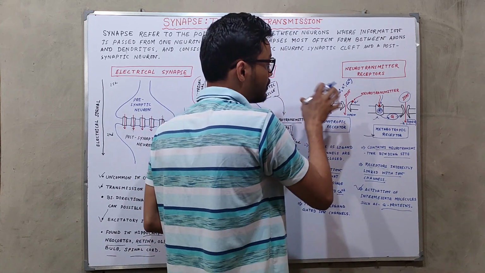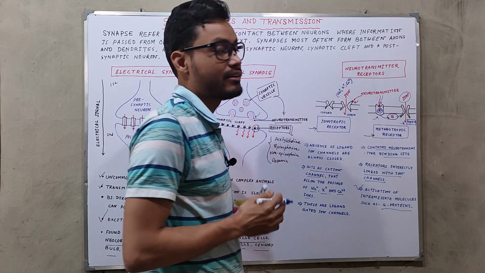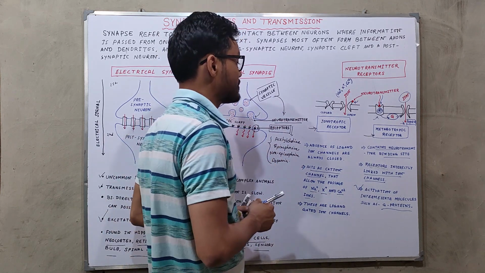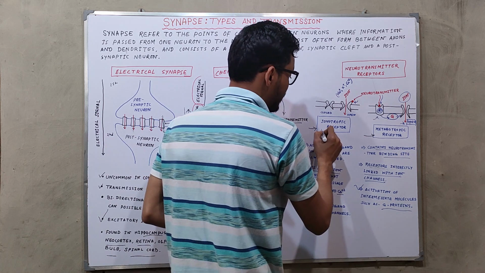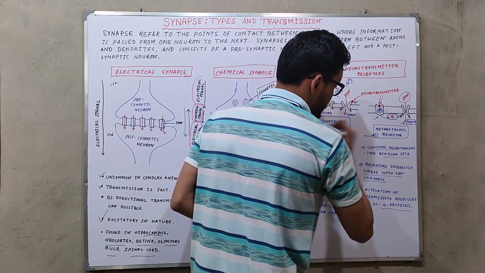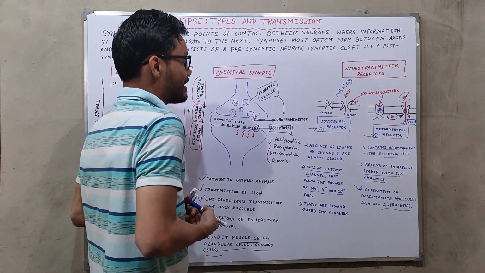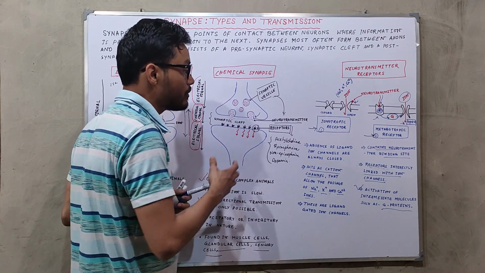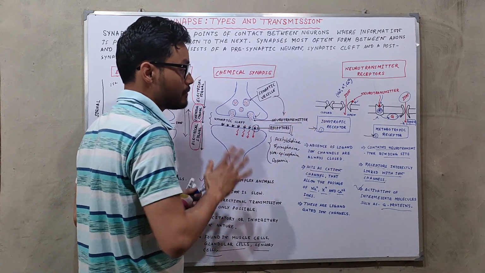So two kinds of receptors are present in the case of chemical synapses: the ionotropic receptor and the metabotropic receptor. In all chemical synapses, the postsynaptic neuron contains these two major kinds of receptors.